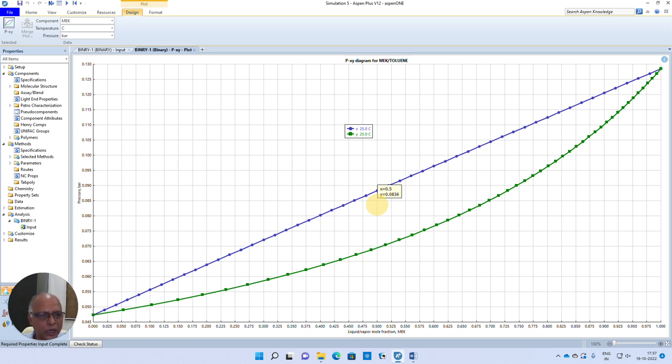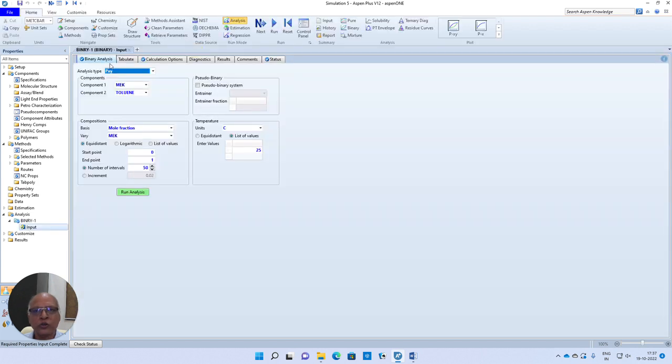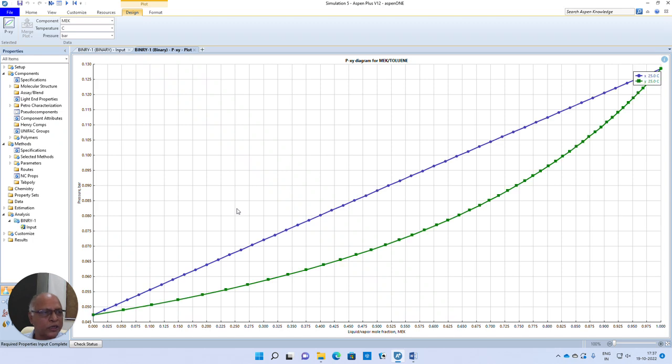So out of these 3 points, saturated liquid, saturated vapor, and the present condition of the system, you can use the lever arm rule to calculate the percentage of vapor and percentage of liquid, right? So this is one. In addition to this, what you can do is, now can you show me from this whether the system is going to exhibit positive deviation or negative deviation from Raoult's law?